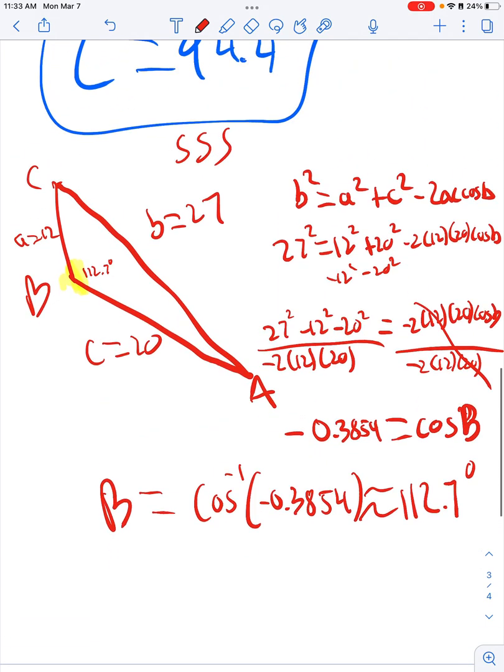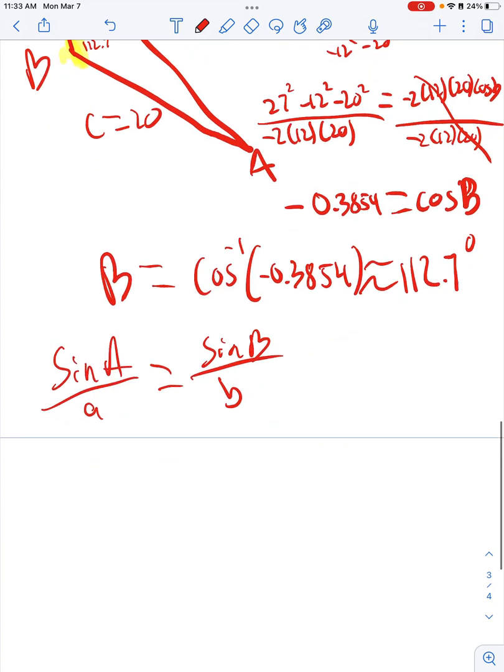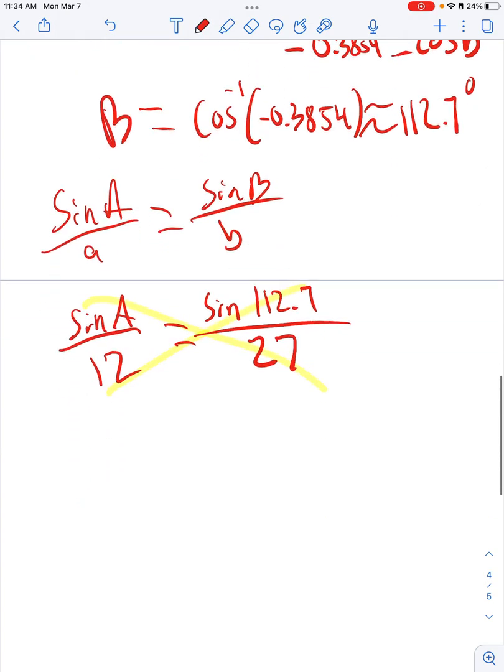As far as figuring out the rest, we either need to figure out A or C. I'm just going to go ahead and find A. I'm going to use my law of sines, now that I know what B is. Plugging in what I know, sine A over 12 equals sine 112.7 over 27. Again, law of sines was last lesson. Cross multiply and get sine A by itself.